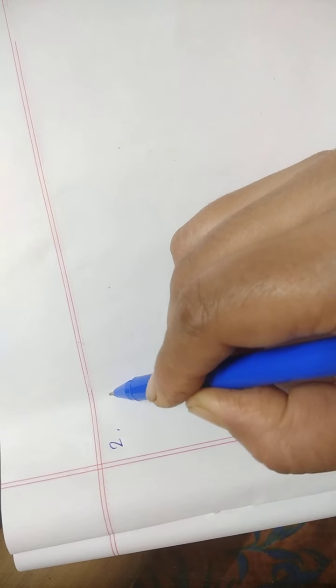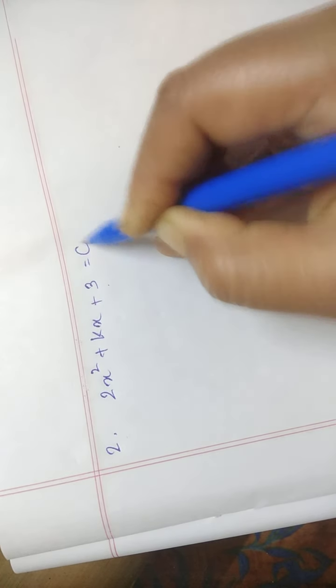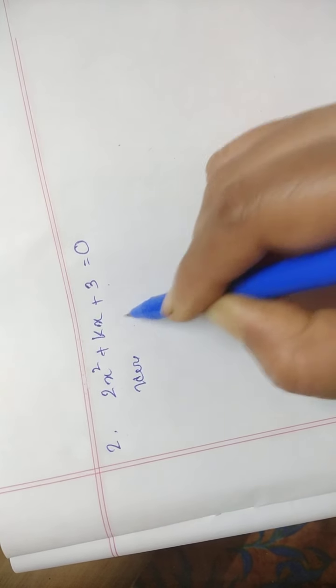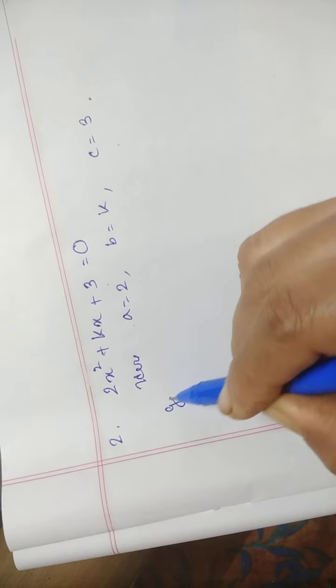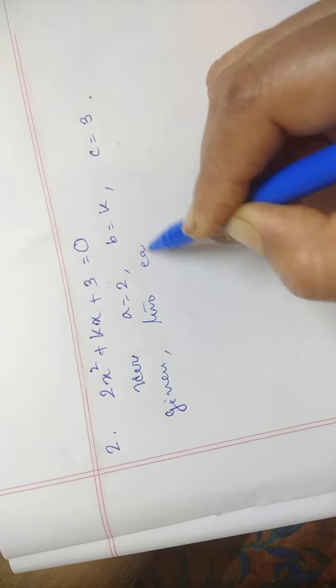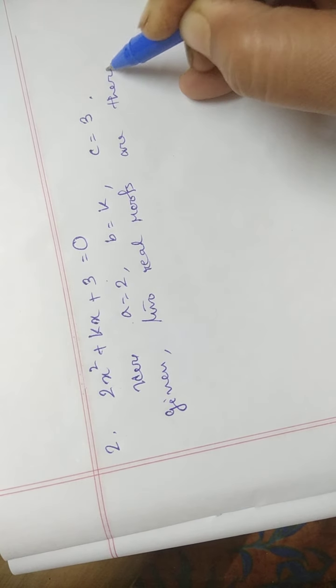So, question number 2, the equation is given: twice x square plus kx plus 3 equal to 0. Here a equal to 2, b equal to k, c equal to 3. What is given? Two real roots are there. This is given.